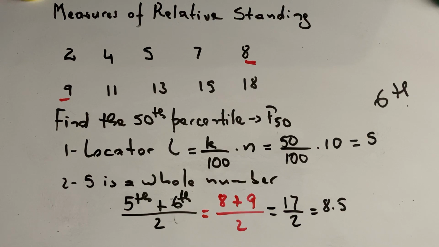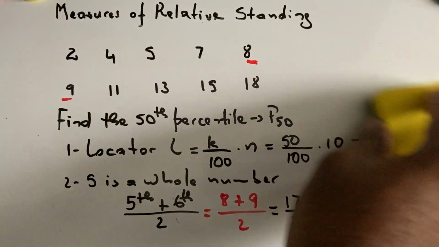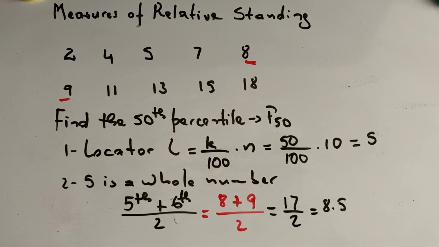Okay? So this is a very important skill. Why? Because it will help you find some of the other measures of relative standing. Knowing the position of the value for each percentile is a good skill, so you can get to those other values. And I'm going to show you later on why it's so important.